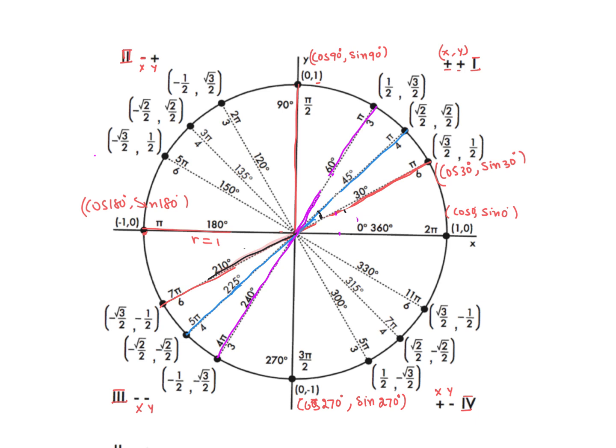For the second quadrant, if you just remember the first quadrant, this is 60 degree and 60 degree is the same as 120. Only thing is that in this one x is negative. If you remember, this is the same as the second number here. Only the difference is x is negative.